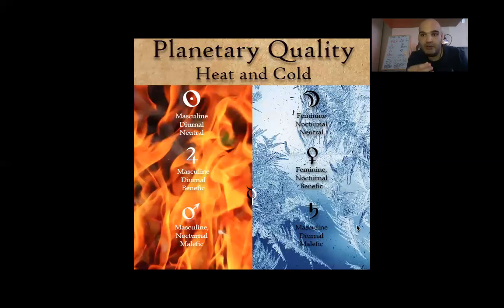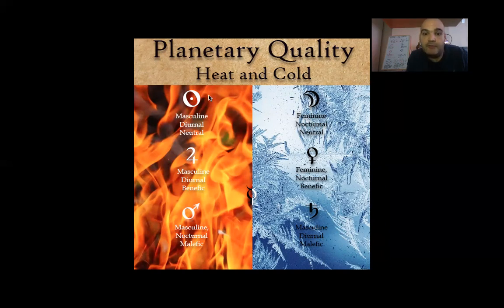Moving on, I want to go into looking at the planets and their qualities of hot and cold, and corresponding it with elements in the periodic table. So as you can see here in this diagram, they've split it into hot and cold, just like Boaz and Jachin, red and blue. So the red corresponds with masculine diurnal, while the blue corresponds with feminine nocturnal.